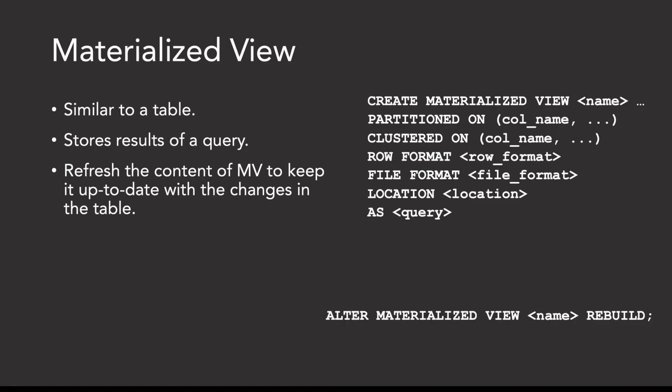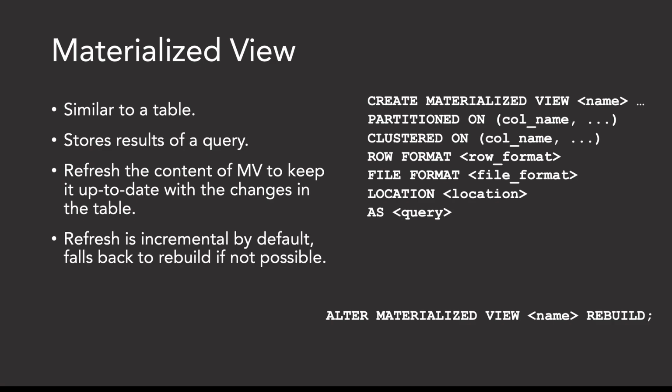So to do that, you run this materialized view rebuild statement. So what it will do is that it will go ahead and add the changes on the base table to the materialized view. So the refresh is incremental by default, but if for some reason the incremental refresh is not possible, then it will fall back to a full rebuild.